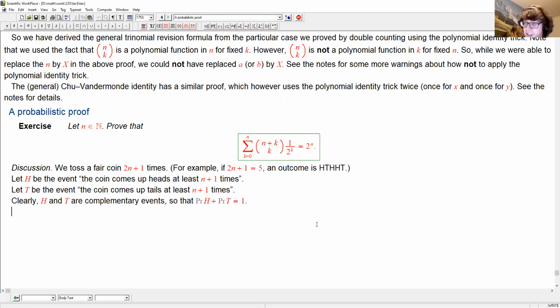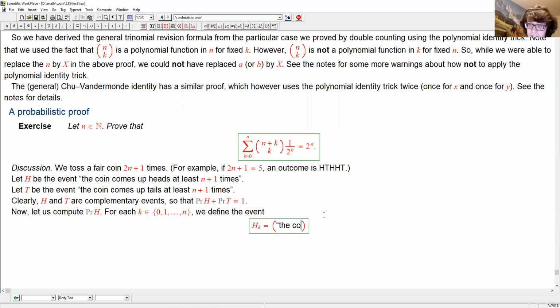All right, now let's actually compute the probabilities. So let's start with the probability of h. How to compute the probability that most of the times we will have heads? One way is the following. For each k in 0, 1 up to n, we define the event hk, which is a stronger version of h.